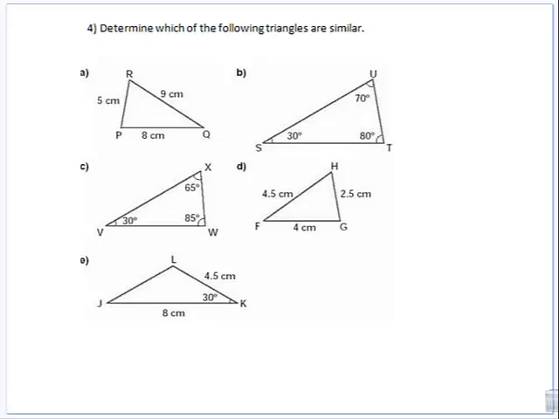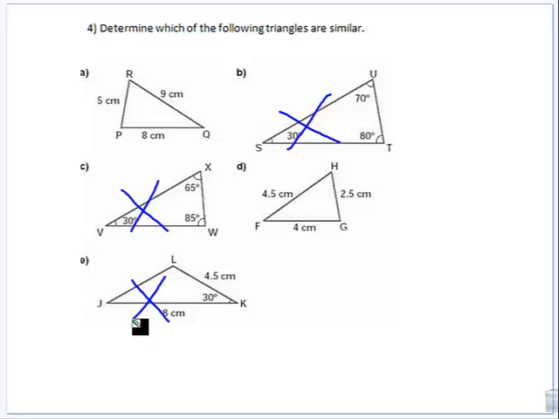So we can't say anything about B, C, and E. Well, B doesn't have any sides to compare it to, so we can't compare that to anyone. C doesn't have any sides, so we can't compare that to anyone. E only has two sides, but these two don't have angles, so we can't compare that one either. So it looks like it's probably going to be A and D, but we need to make sure.